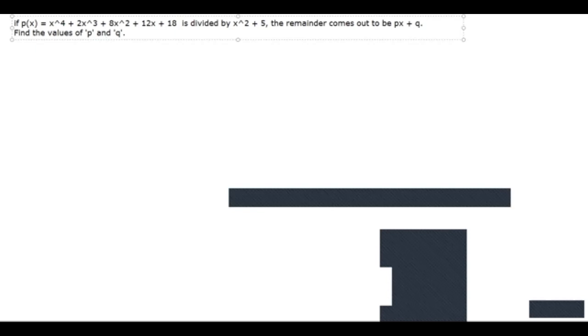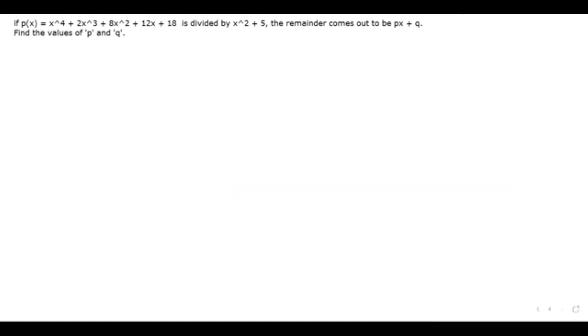What do we need to do? Long divide. Start long dividing. Let's long divide the given two polynomials.